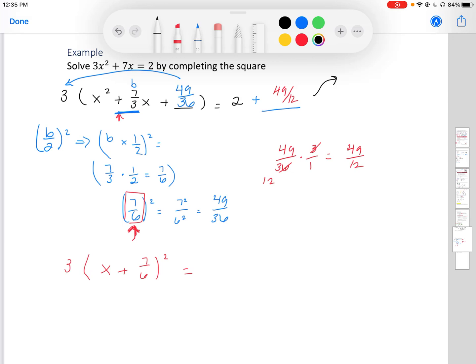So that we get 2 over 1 plus 49 over 12. I multiply by 12 over 12 to get 24 over 12, plus 49 over 12. We get 373 over 12.